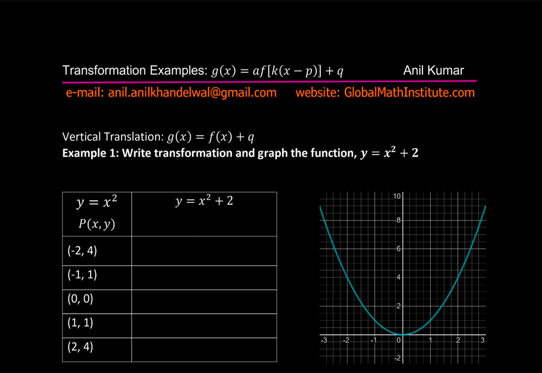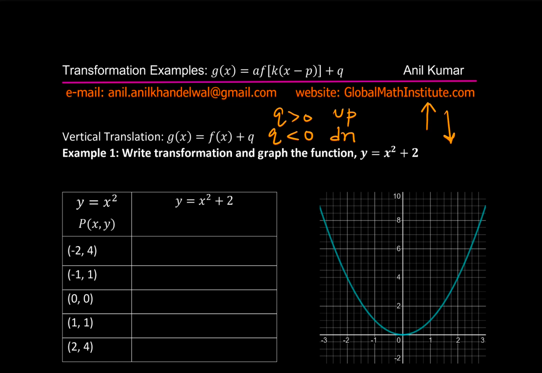So if q is greater than 0, then the graph will move upwards. But if q is less than 0, then the graph will move downwards. So basically, there could only be a movement of the graph vertically up or vertically down. So that is what we mean by vertical translation.